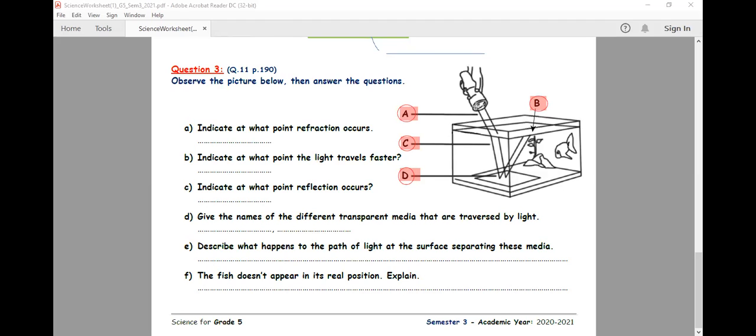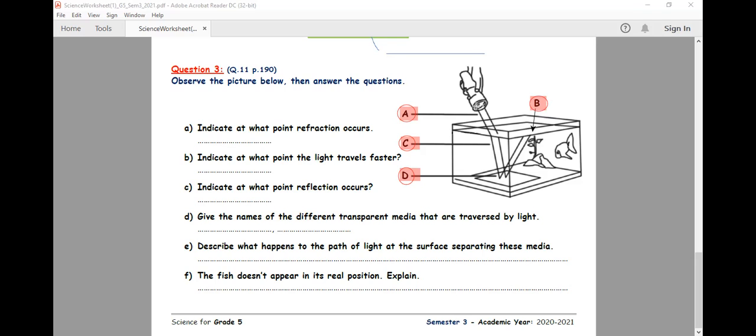Here the light rays are going down. Incident.